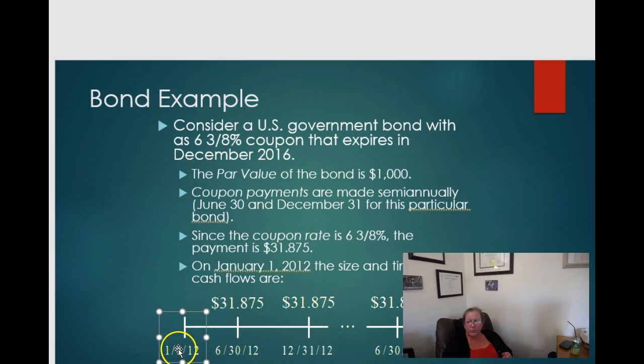Up until the bond matures on December 31st, 2016, the coupon payments will be semi-annually, twice a year, for $31.88. And if you can see on the far right, once the bond matures, the final payment is $1,031.88.